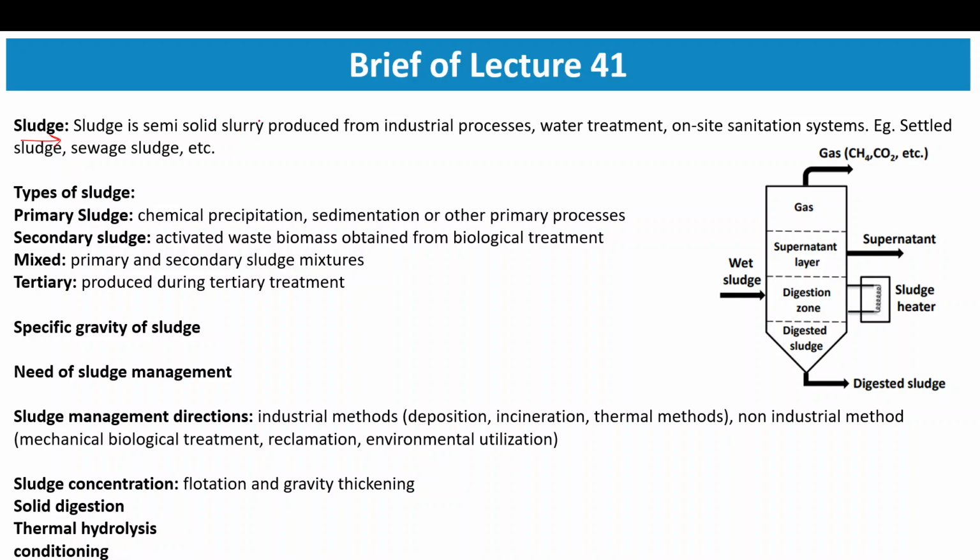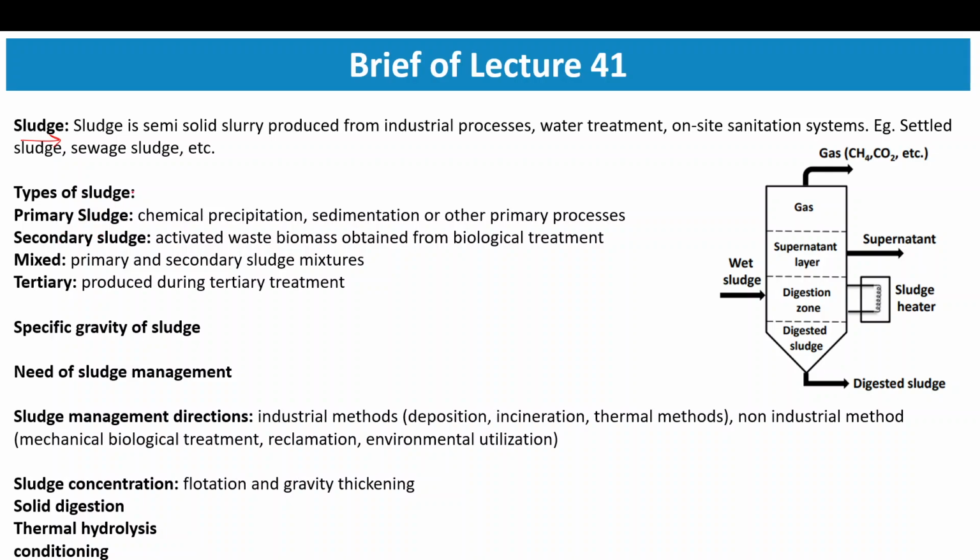So here we are just talking about the solids which are generated from wastewater treatment or some industrial process, right? So if we talk about a wastewater treatment plant, then sludge or the slurry of solid and water can be generated from any of the steps like primary treatment, secondary treatment, tertiary treatment.